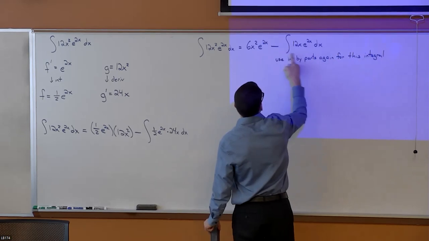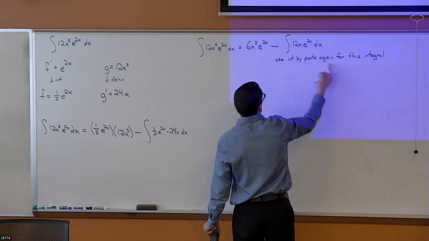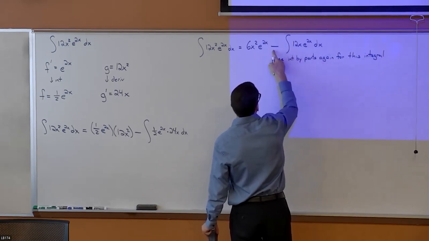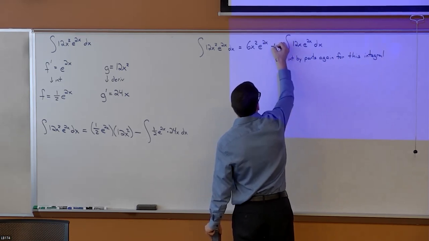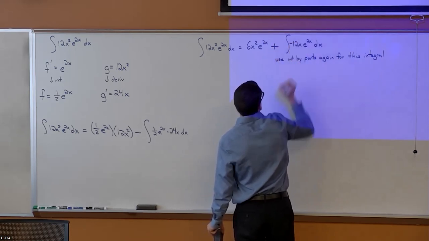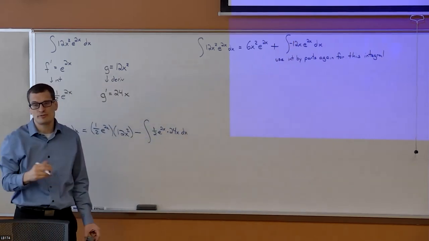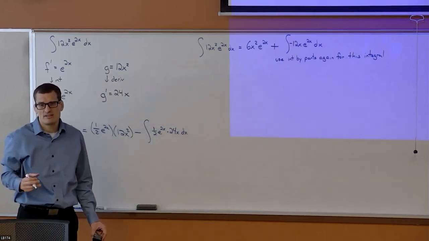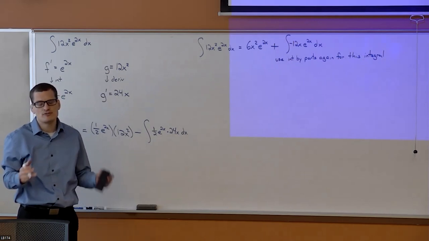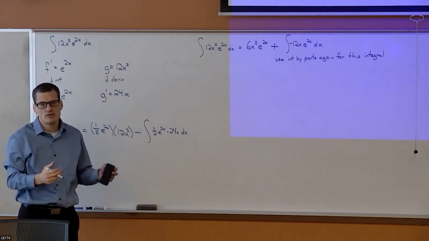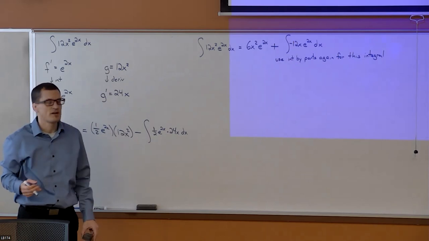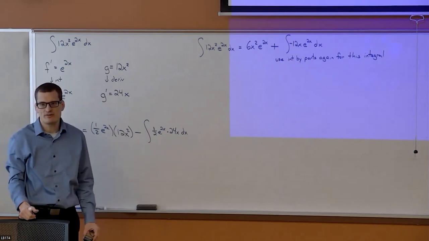And oftentimes, because I have to do integration by parts again, and I have a minus out front, I might just stick the minus inside to make my life a little bit easier, so I don't have to distribute the negative sign later. So I either have to distribute the negative sign now or later. Since we have one term right now, we might as well distribute it now.